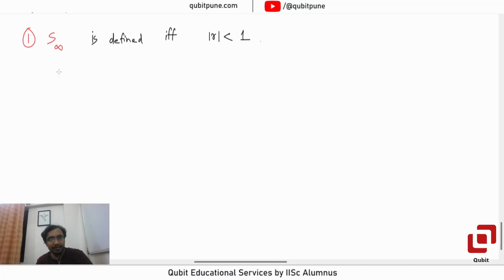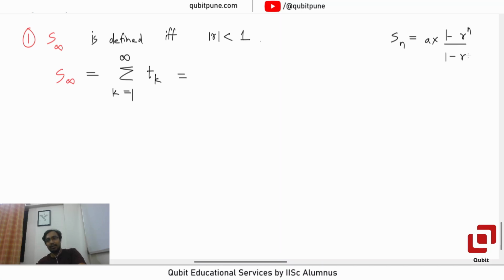S infinity literally means what happens if we continue to add all the terms of a sequence? Now, if you go back to the formula that we had written earlier for Sn, which is a into 1 minus r raised to n upon 1 minus r.